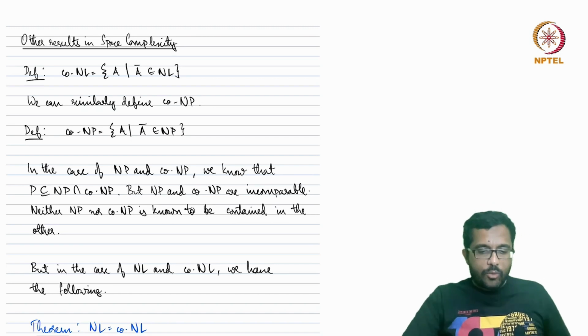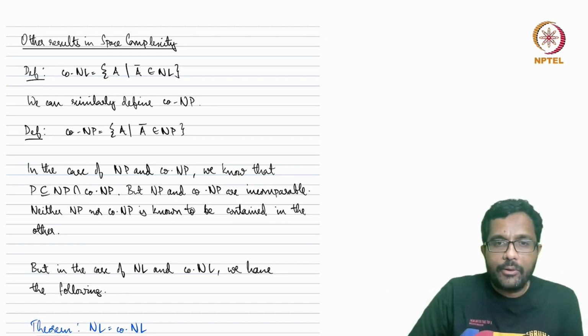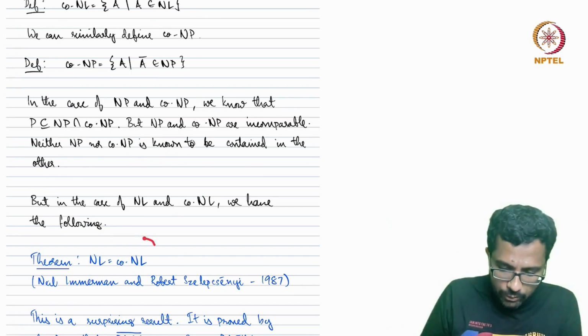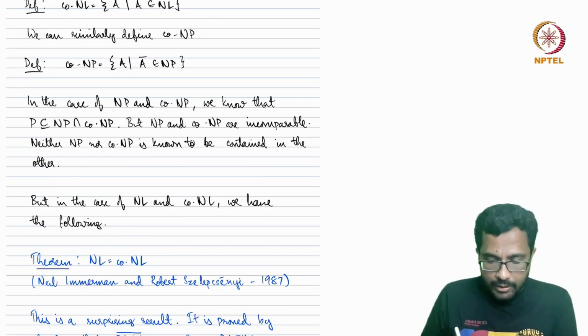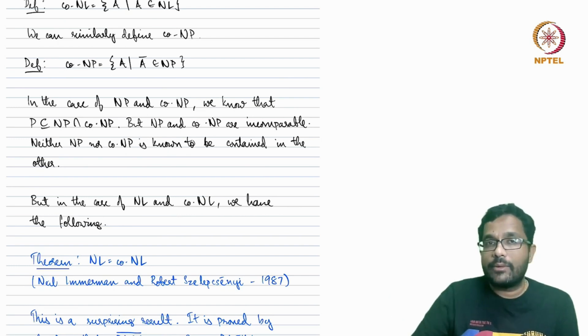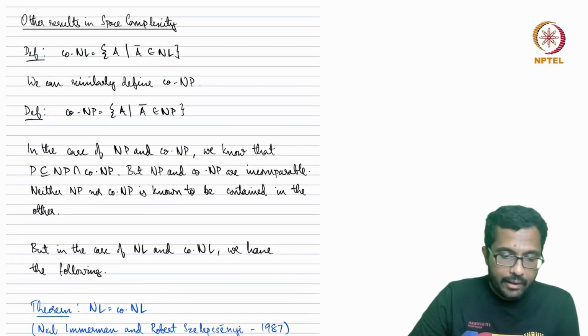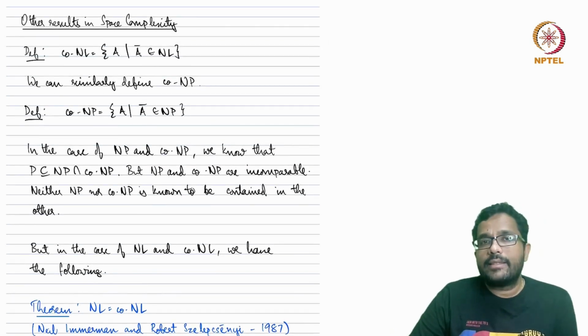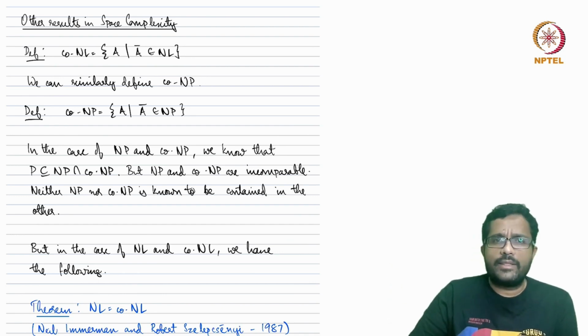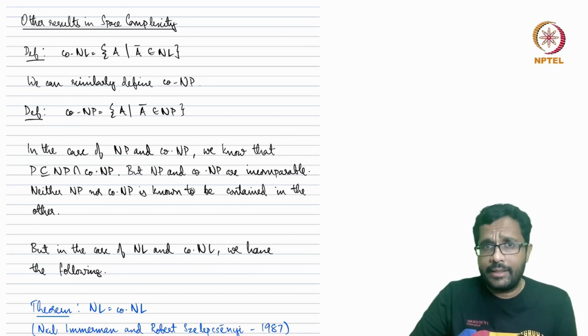So the first thing that I want to talk about is this result that states that NL equals co-NL, right? So this is one of the topics. But before saying NL equals co-NL, I should first say what is co-NL. You may remember we defined this term called co-Turing recognizable, sometime in chapter 3 or chapter 4, I think.